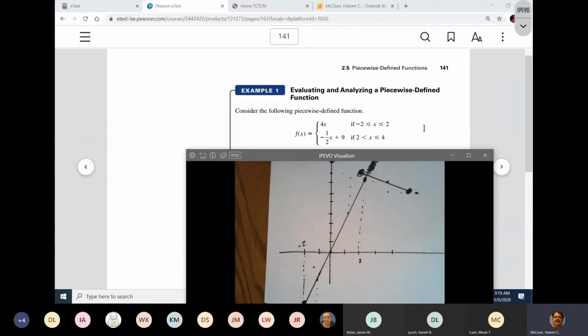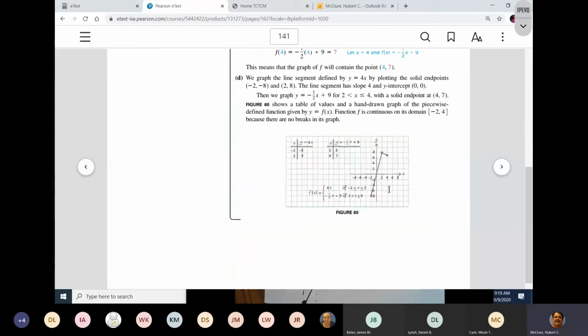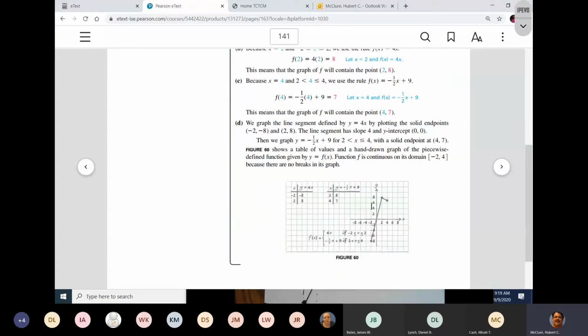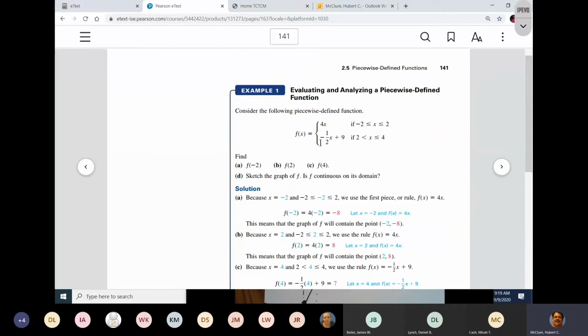And in the book, they'll have it a whole lot better than I did. There it is. Okay. Now it's joined because they're using graph paper. Graph paper is essential when you do a piecewise function. That's the only thing I would tell you if you have to draw one.